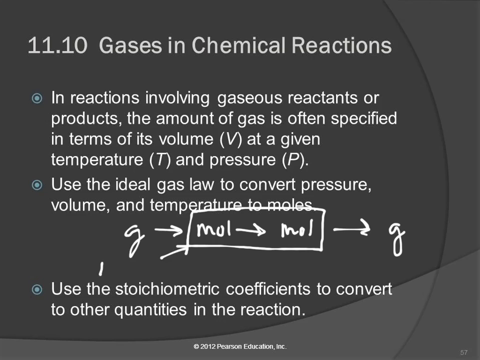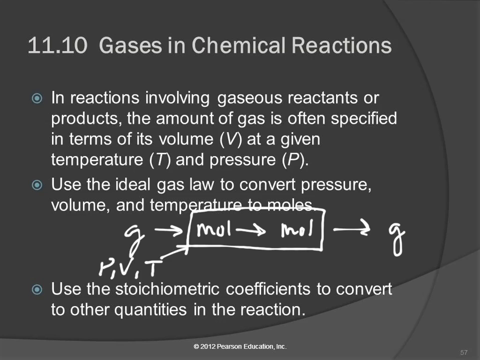So grams to moles to grams. Well, sometimes this part in the middle is the part that's always the same. Sometimes the beginning or the end gets changed. So if we have a pressure, a volume, and a temperature for a gas, we can use that to calculate the number of moles of the gas, and then proceed and find the moles of the other substance and perhaps the grams of the other substance.